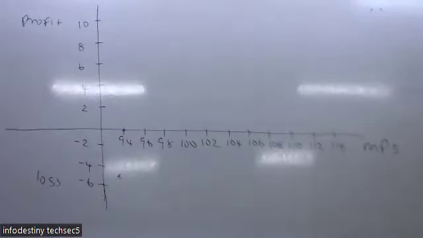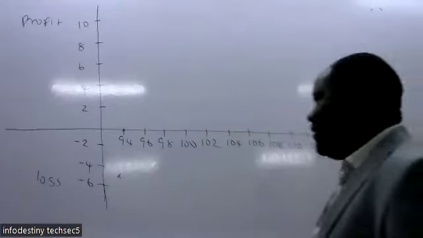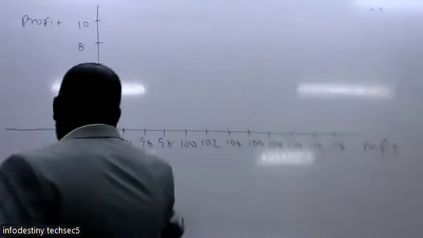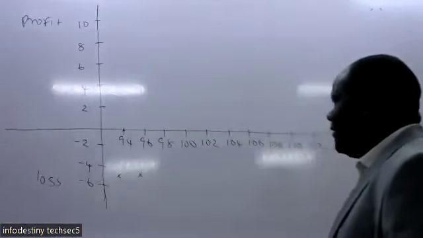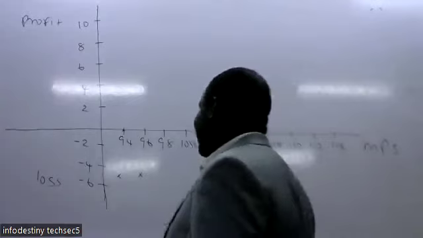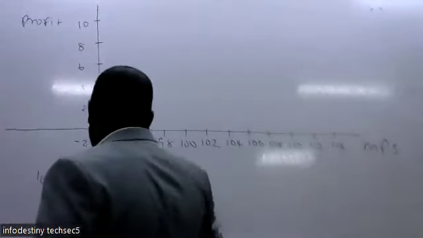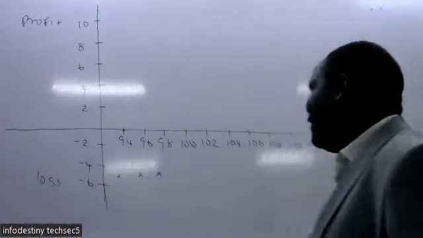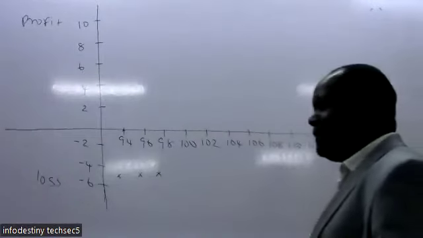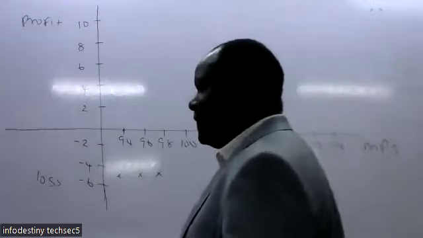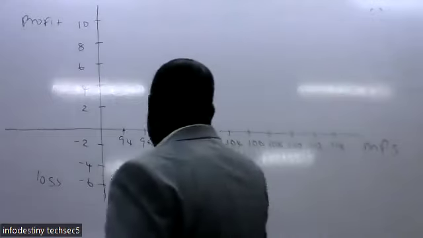When it was 96, it was also a loss of 5. When it was 98, we got which here? Loss of 5. 100, we got which here? But also a loss of 5.